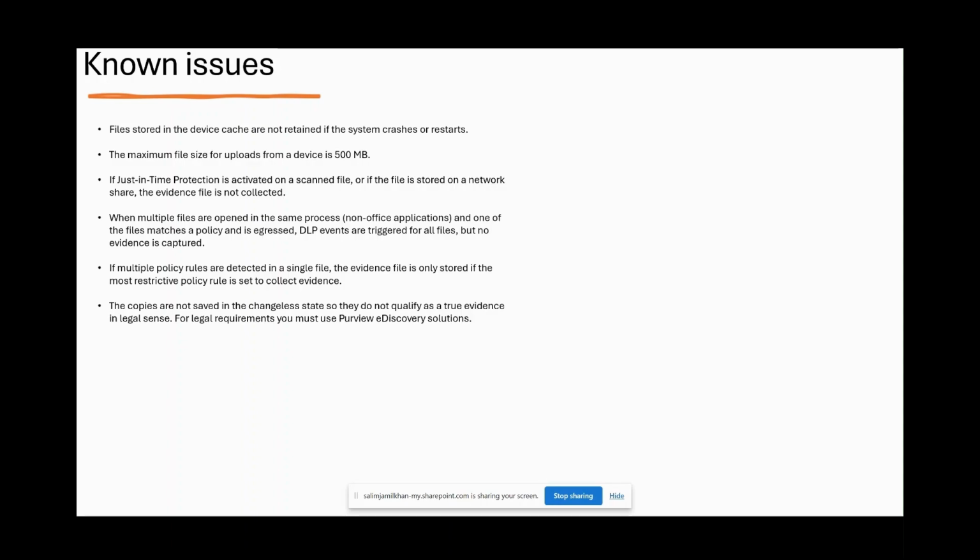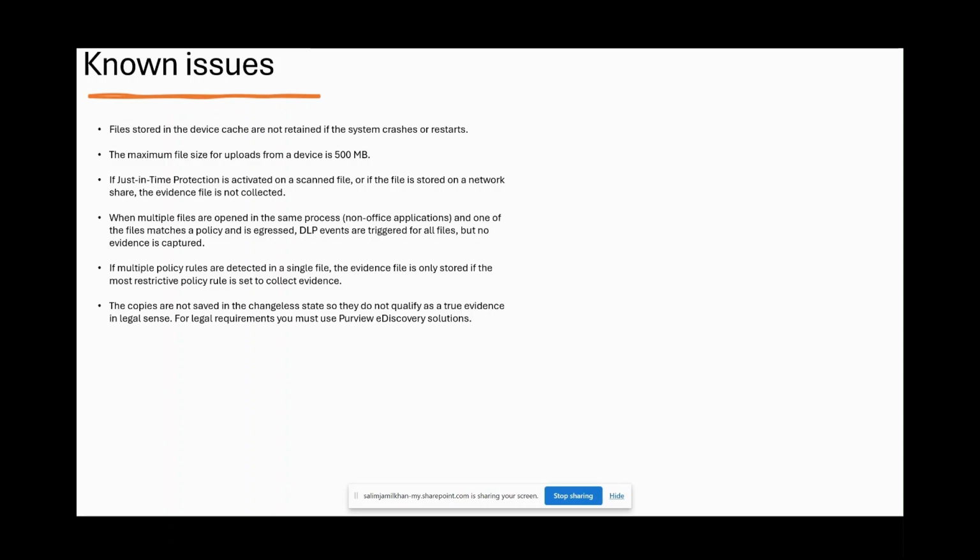If multiple policy rules are detected in a single file, which is possible, the evidence file is only stored if the most restrictive policy rule is set to collect evidence. For example, you have a rule that blocks but allows override, and file evidence is enabled on this rule, and another rule that blocks and doesn't allow override, and file evidence isn't enabled on this rule.